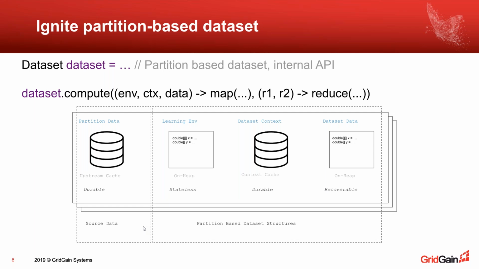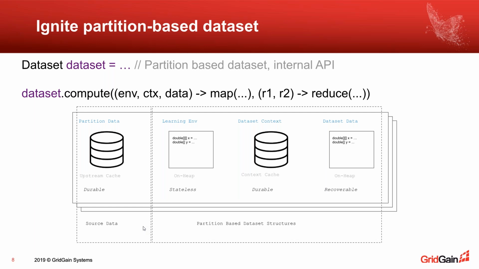So we have our raw data that I mentioned before, and we want to use this raw data for distributed training. We define some information called the learning environment. It's some stateless static information, really simple. The next part is more complex.